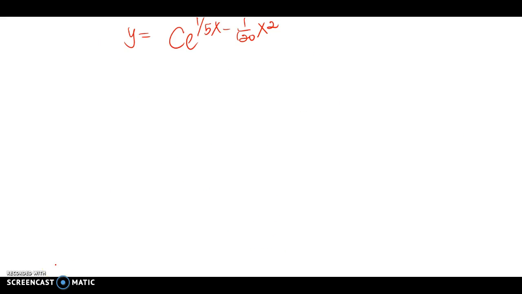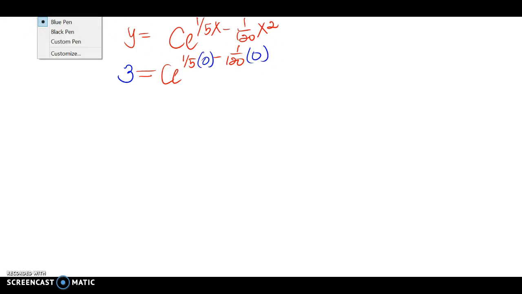All right, and now to finish off, we will use that initial condition to solve for c. So it said that when x was 0, y was 3. So I'm going to plug in a 3 for y, and everywhere there's an x over here, I'm going to sub in the value 0. But what you'll notice then is we have a much simpler expression, especially when we do our simplification.